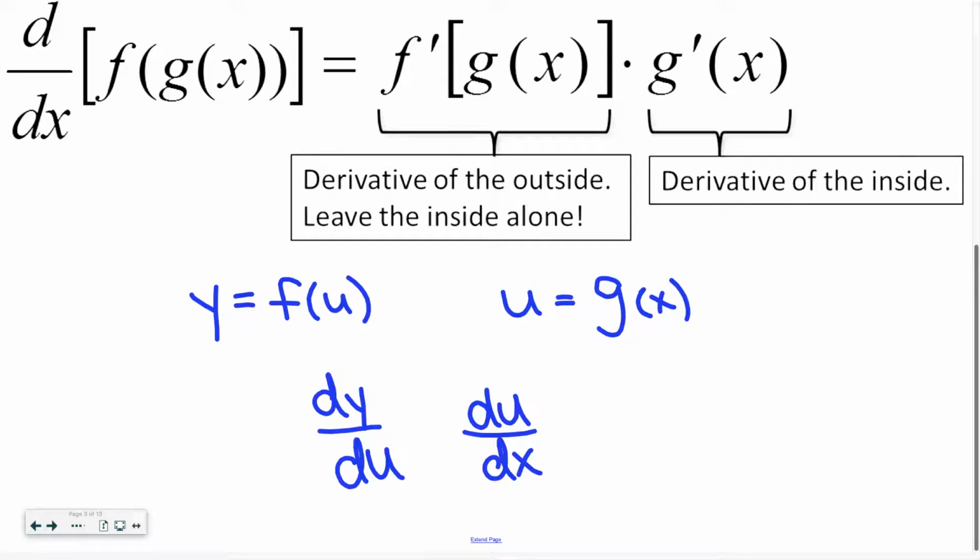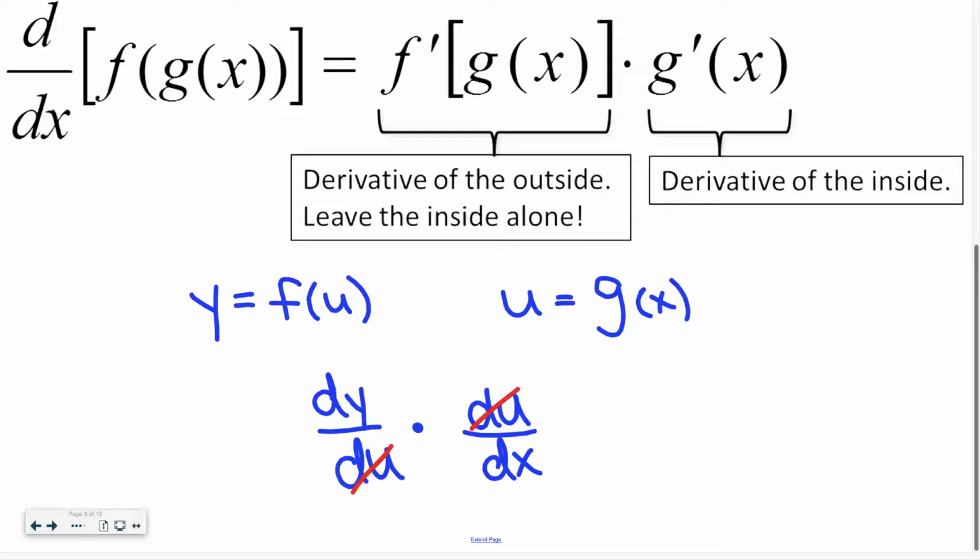The derivative of u with respect to x, du dx. What happens when we multiply these together? And we're left with dy dx. Okay, which is what we are wanting to find. This is the chain rule.